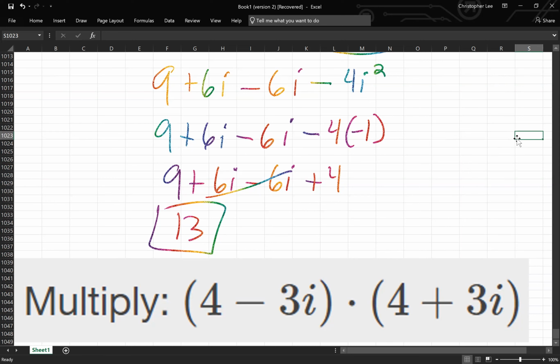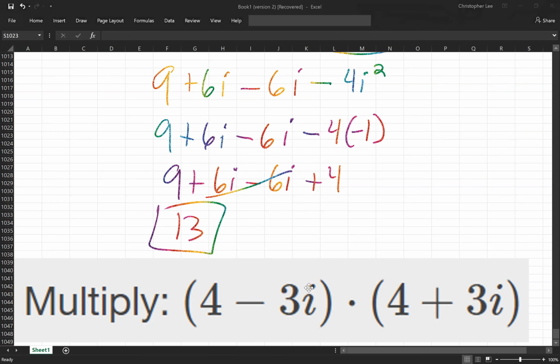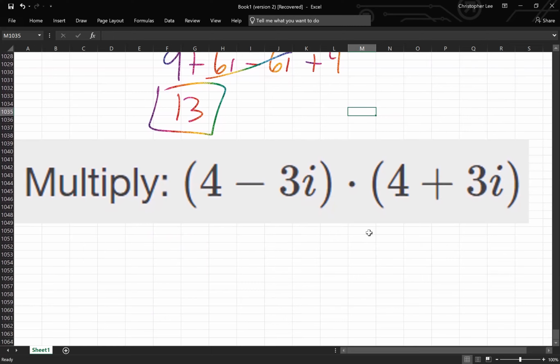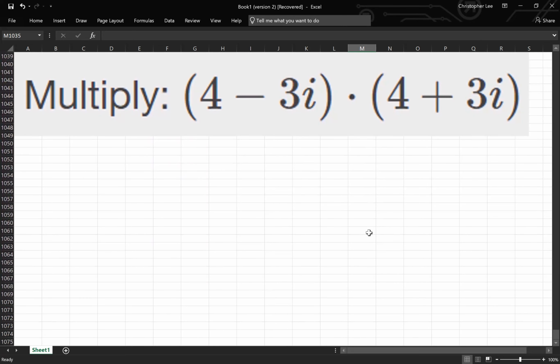Nothing crazy, just distribute, combine like terms. But let's try it out. 4 times 4 is 16. 4 times 3i is plus 12i.